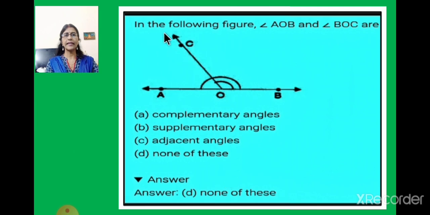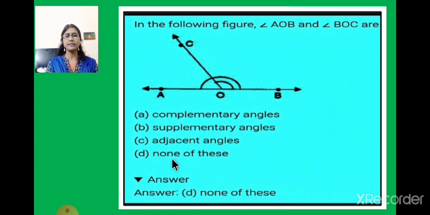The next question: in the following figure, angle AOB and BOC are, so which one is angle AOB? This is AOB. So this is a straight angle. And BOC is this one, BOC. So this angle. Now what are these two angles? Option number 1, complementary angles. Are they supplementary angles?